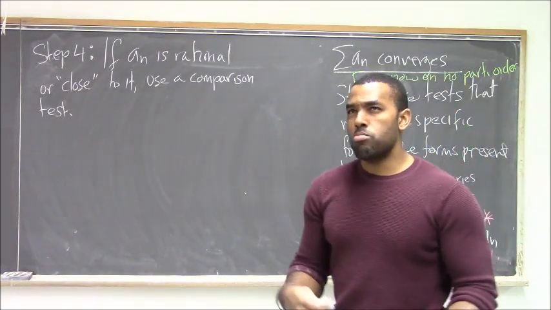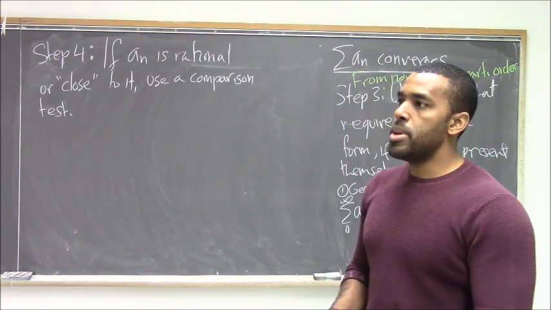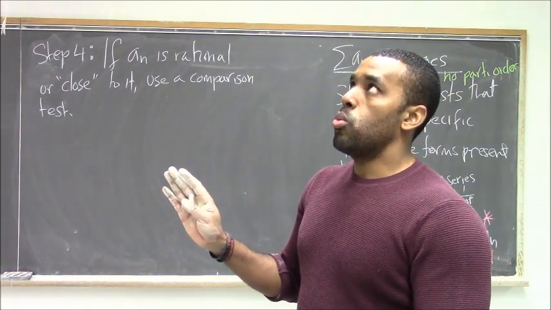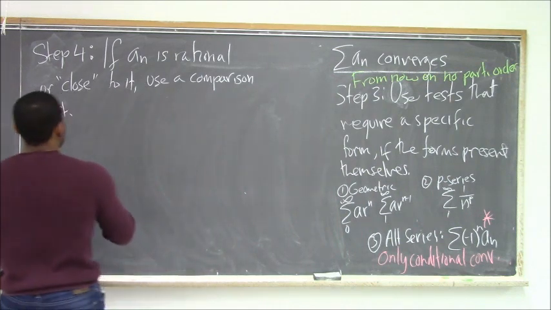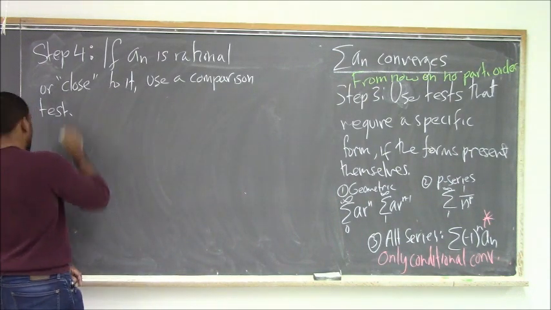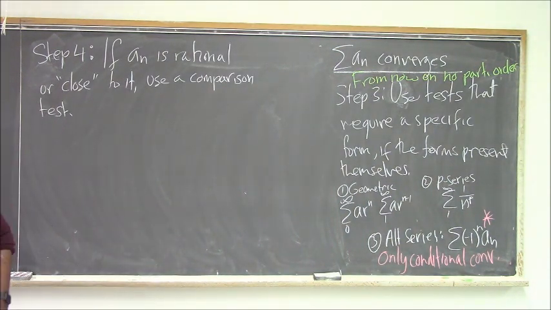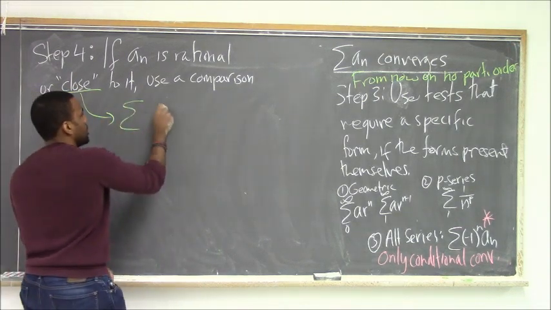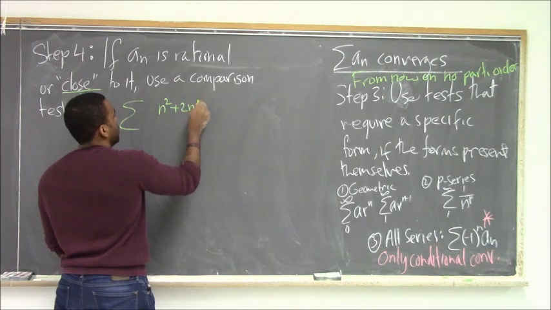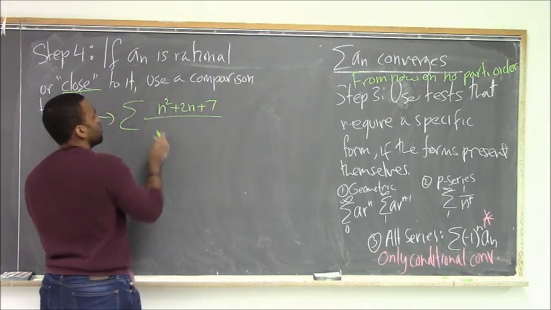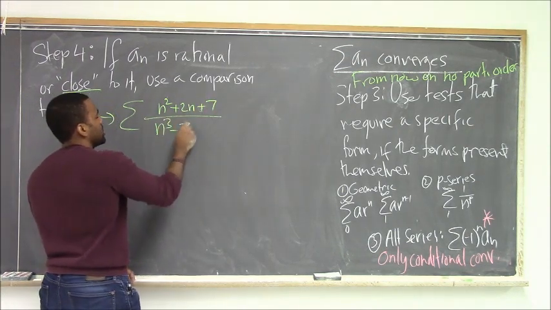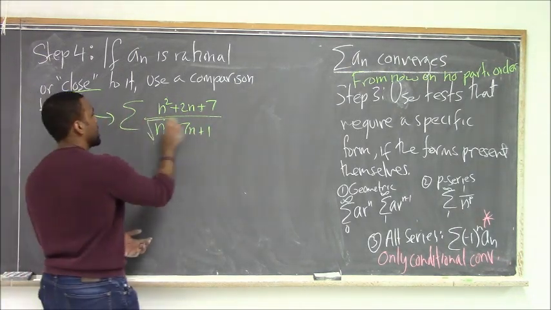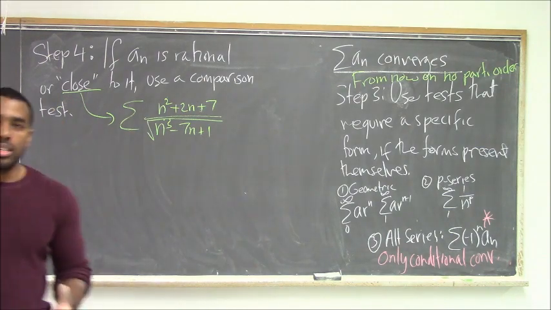What do I mean by close to rational? Let me give you an example. Something like n squared plus 2n plus 7 over n cubed minus 7n plus 1. That would be rational, but if this had a radical over it, it's still kind of close to being rational.